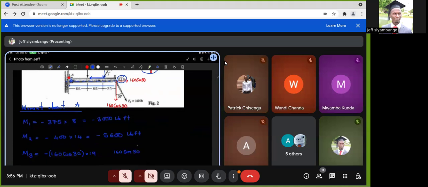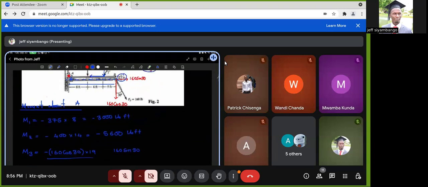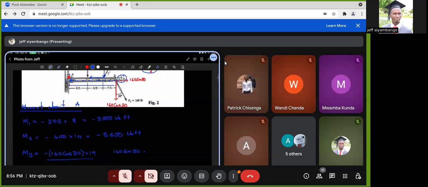We can actually look at them as two separate forces creating two separate moments, so that you perhaps get your M4. Or you can combine them like we're about to do, to say that F3 will cause this. At the same time, it also causes 160 sine 30, multiplying the distance 0.5.